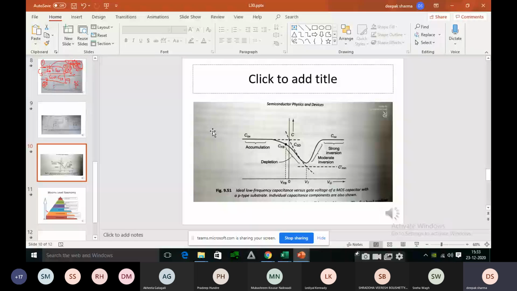This is zero axis, right? This is zero. Left hand side there will be negative potential. For negative potential there will be accumulation. As we move towards positive potential, you will go towards the depletion followed by the inversion, correct?